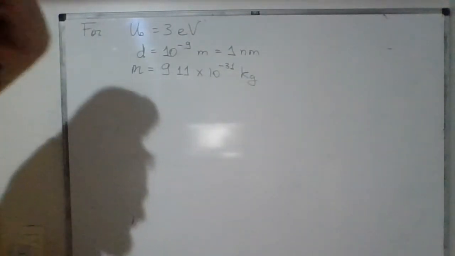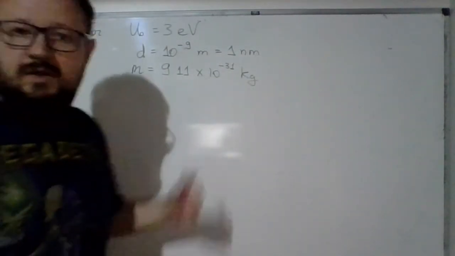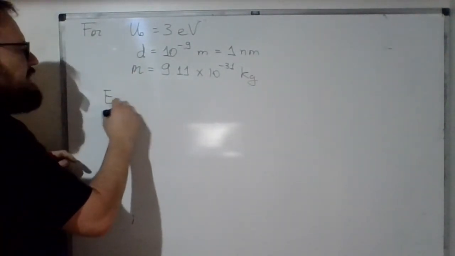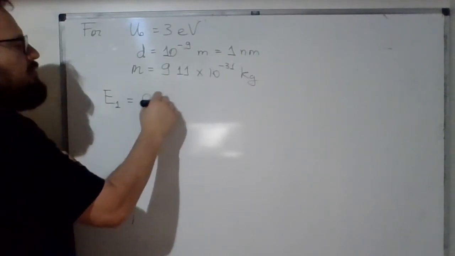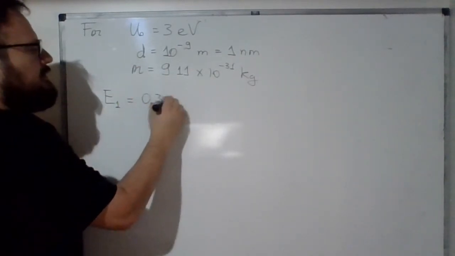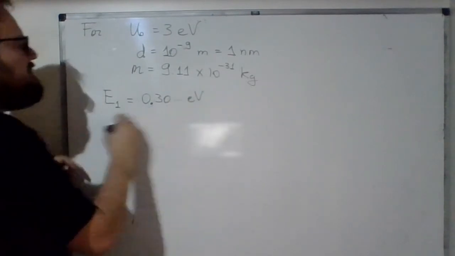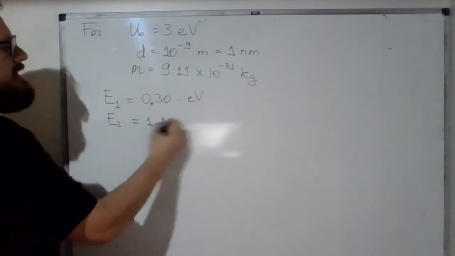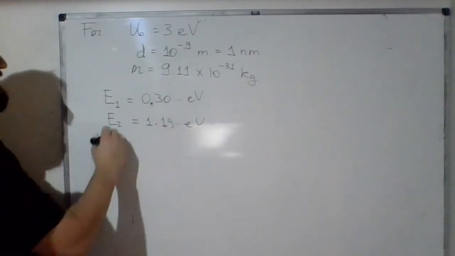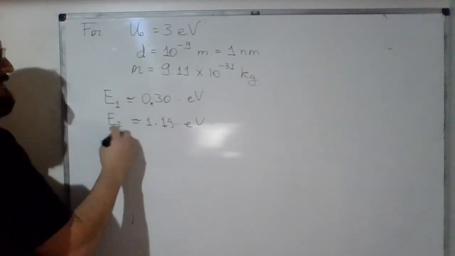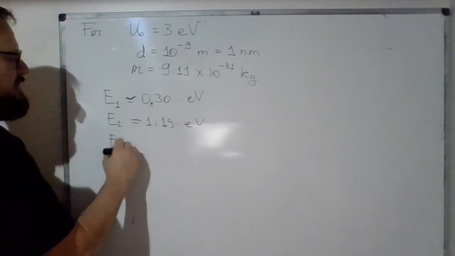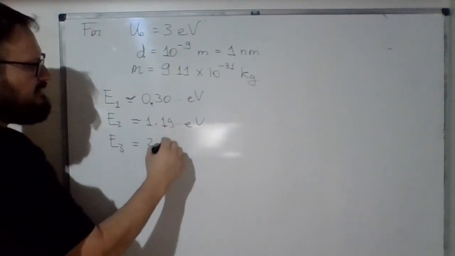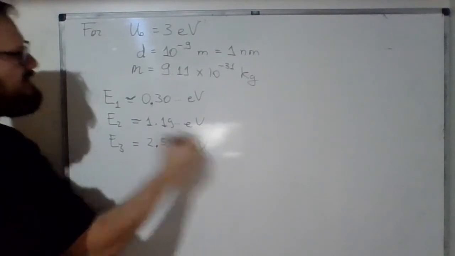If you do that, you will find three solutions, which correspond approximately to E1 equal to 0.3 electron volts, E2 equal to 1.19 electron volts approximately, and E3 equal to something like 2.58 electron volts.